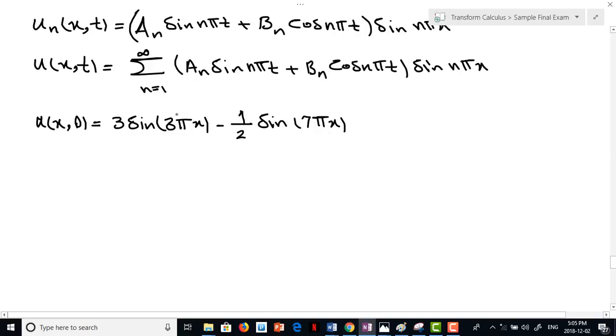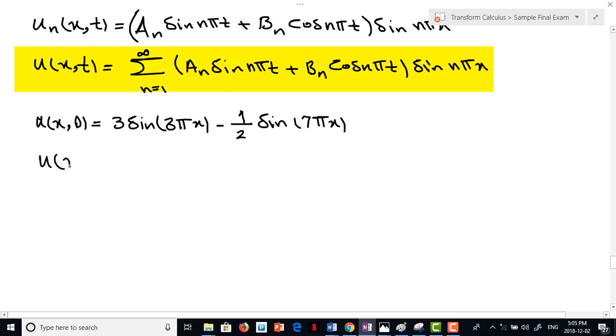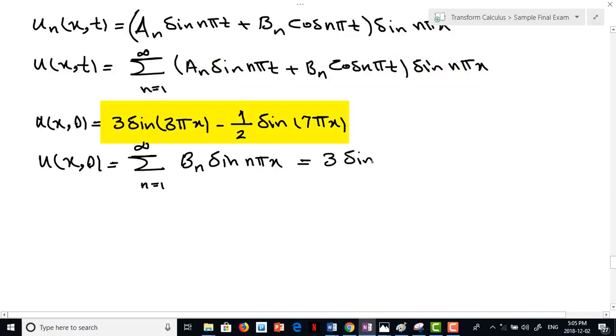Now I plug 0 into our solution. So u of x and 0 is equal to the summation of an times sine 0, so it's 0, plus bn cosine 0, which is bn, times sine n pi x. It's equal to 3 sine 3 pi x minus half sine 7 pi x.